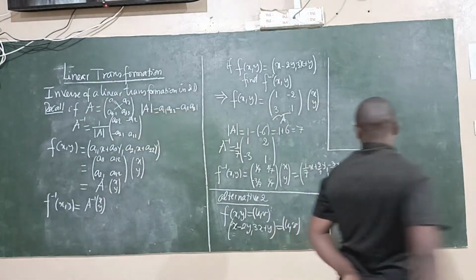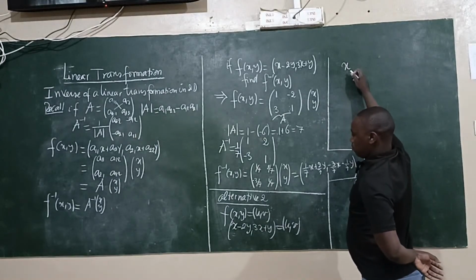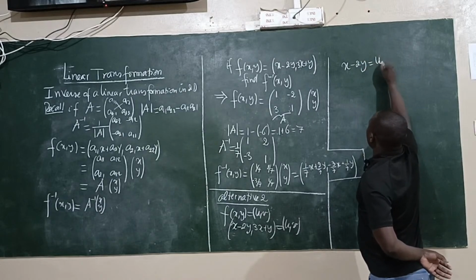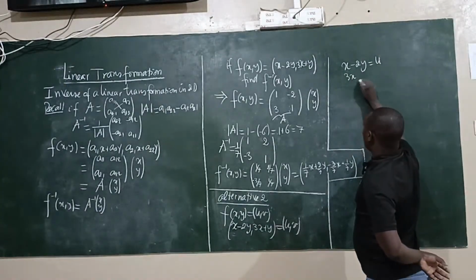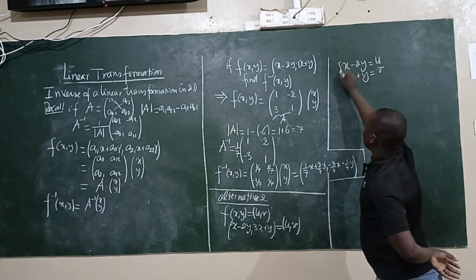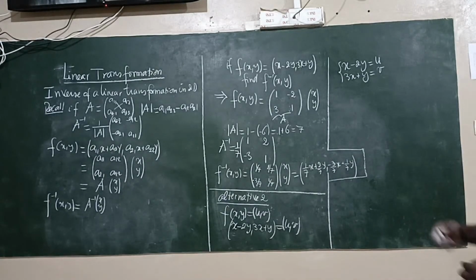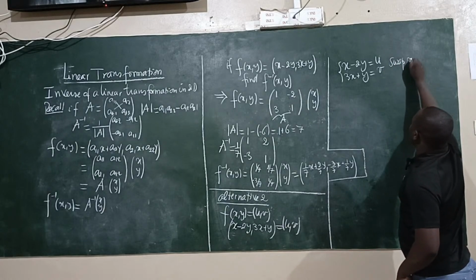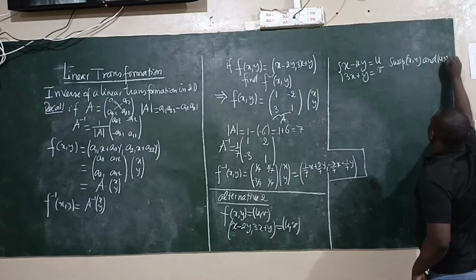This is where x minus 2y equals u, and 3x plus y equals v. After this, what I want is to swap x, y, and uv.